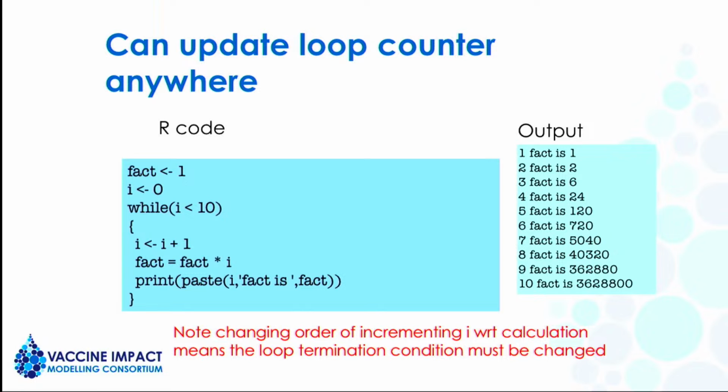If we change the order in which we update the value of I and the update of factorial, that actually changes when the loop terminates. So an exercise for the student: if you swap these two instructions, you would get a different set of output, and that's because the point where the loop terminates will be different.